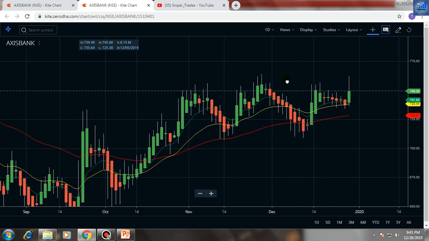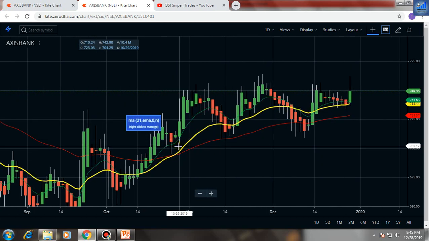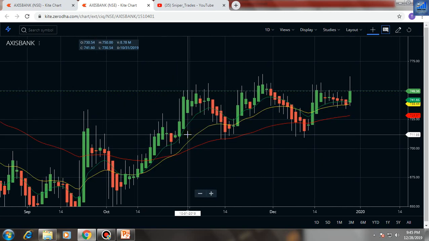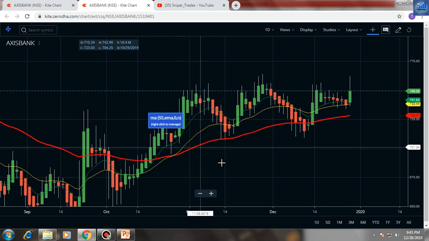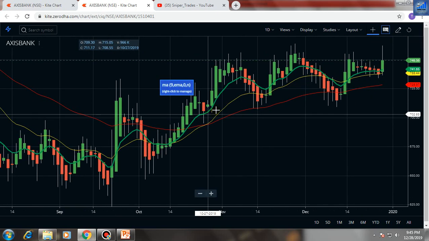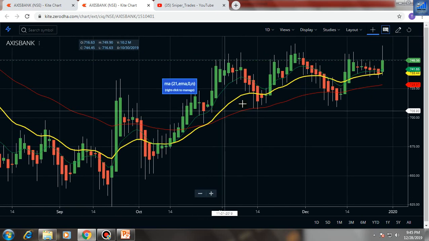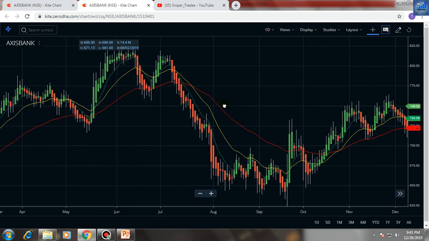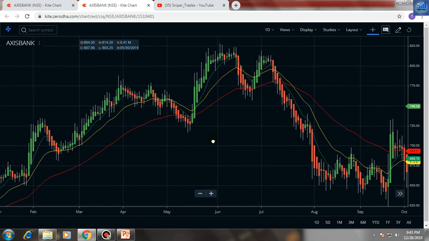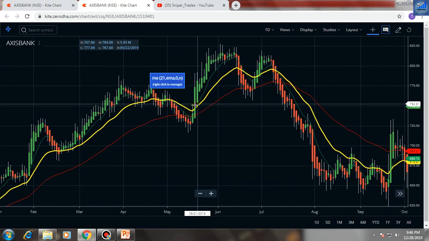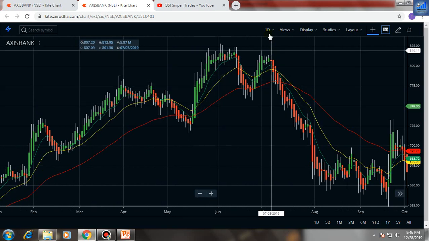So if we are taking a position at a particular level, when the desired profits are attained, we can consider booking profits. That's the safest method. So this method is working very well. As we can see, after the crossover occurred, the price is moving significantly upward.